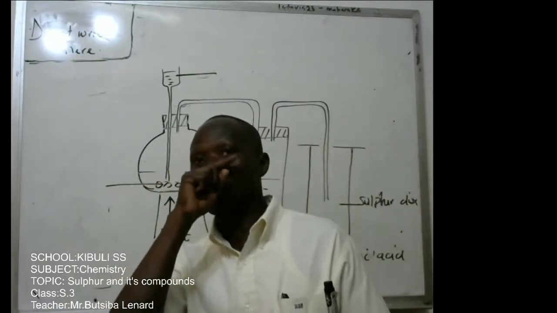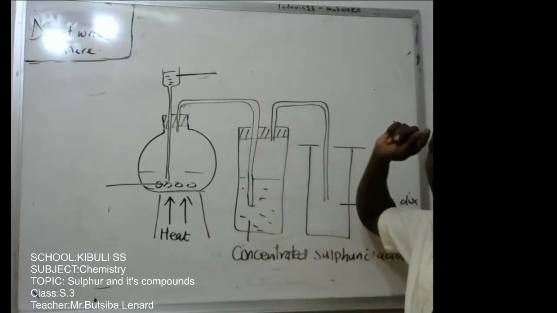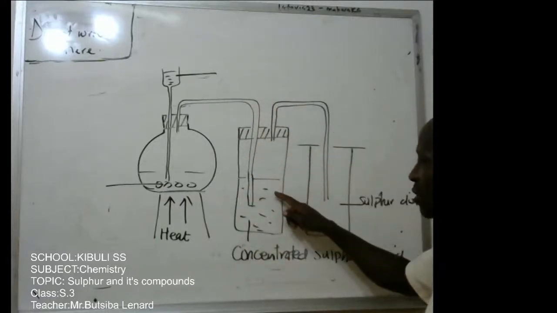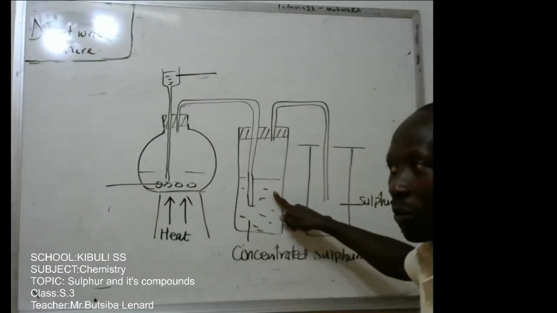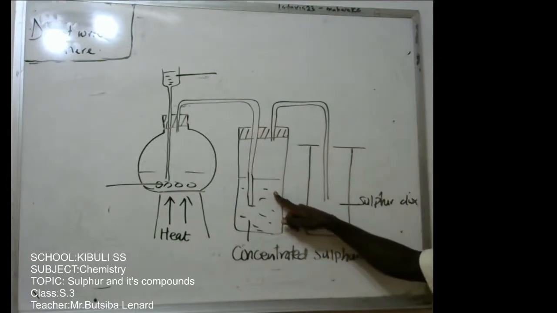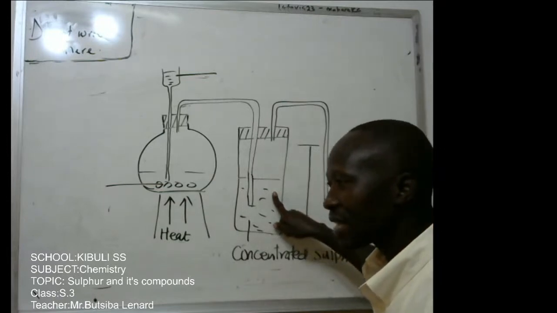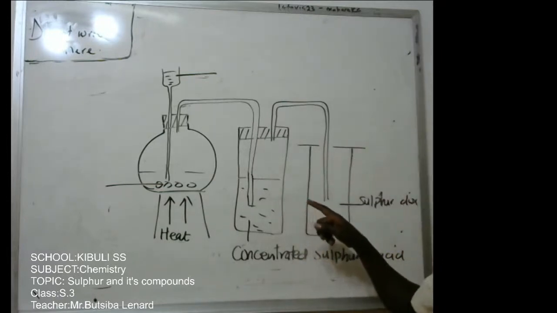out the sulfur dioxide. Using a delivery tube, the gas is passed through concentrated sulfuric acid in a wash bottle to dry it, because it does not react since the gas is also acidic.